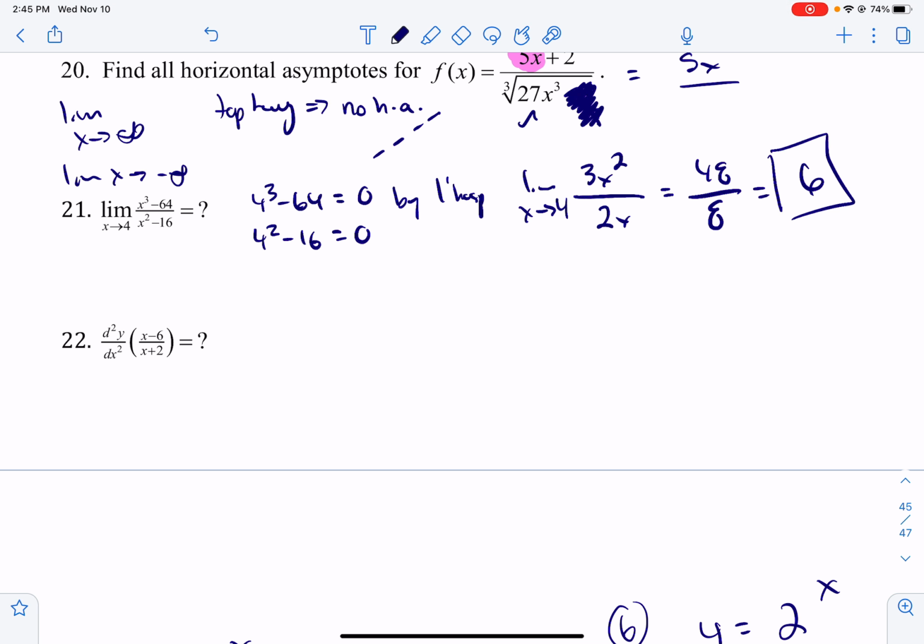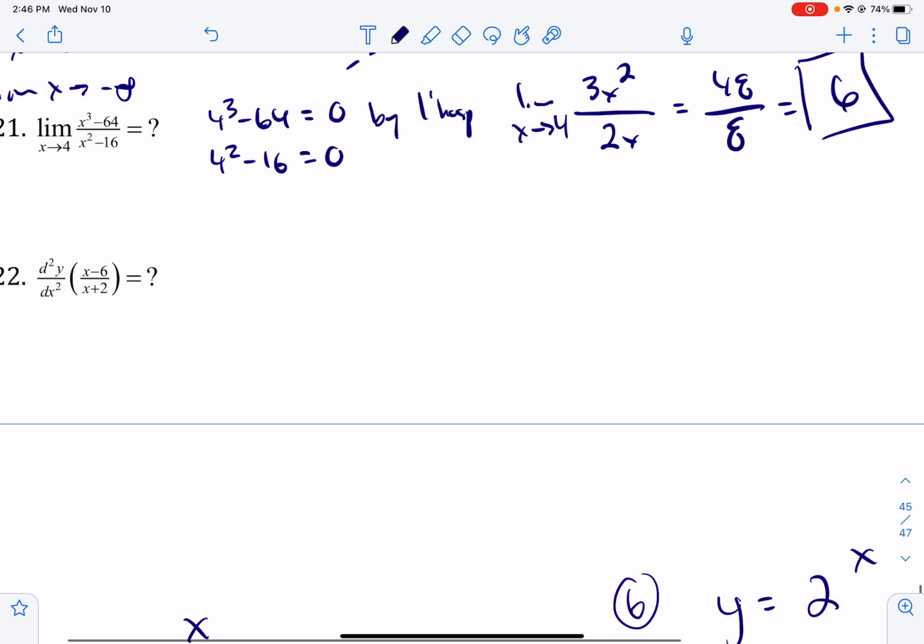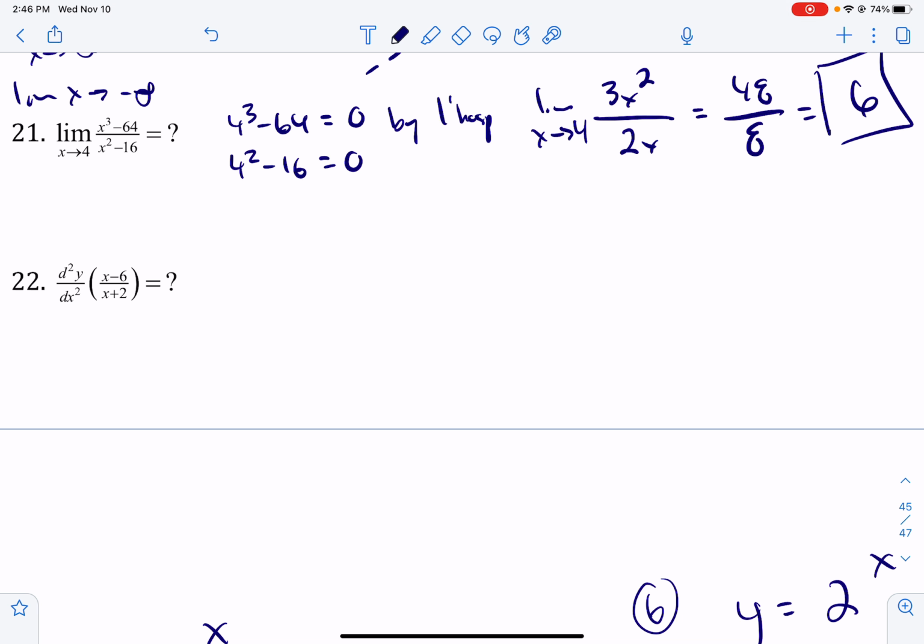22. d squared y over dx squared. So what that means is it wants me to take the derivative twice. So x minus 6 over x plus 2. The first derivative, and let's just call this y. Y prime, I've got to do the quotient rule.